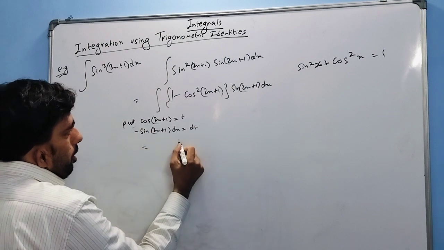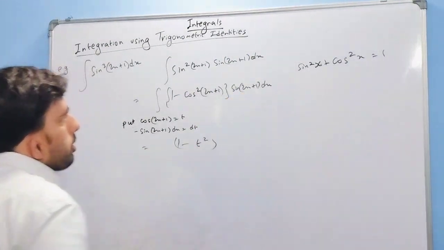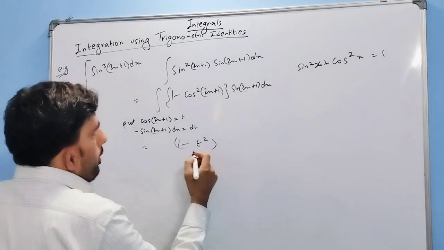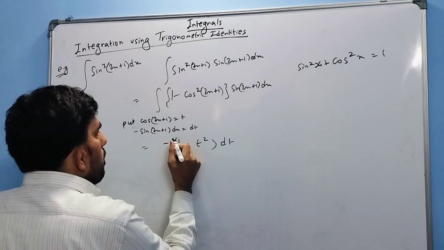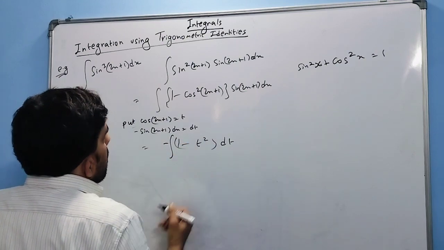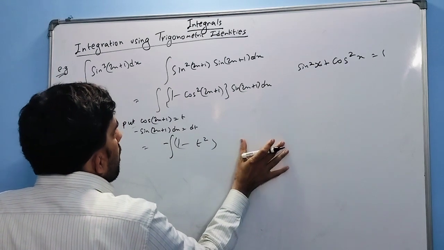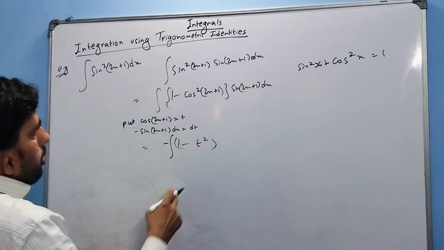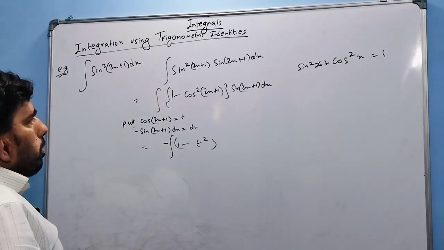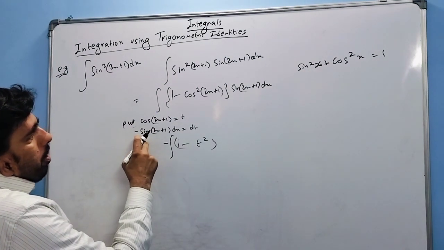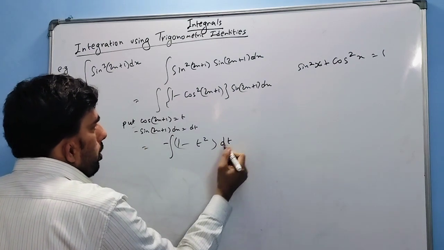So I can write here 1 minus t square, and sine(2x+1) dx is equal to minus dt. We have put cos(2x+1) equal to t, so by differentiating, it will be dt.